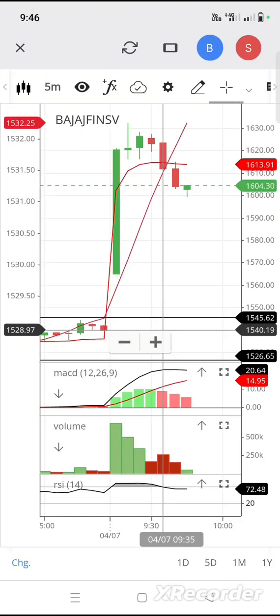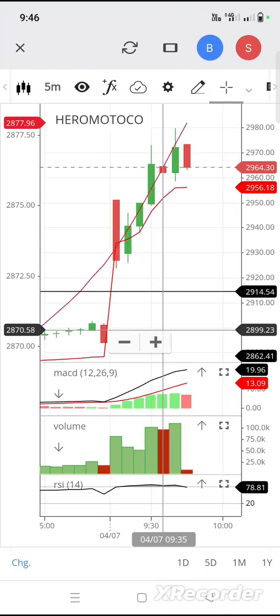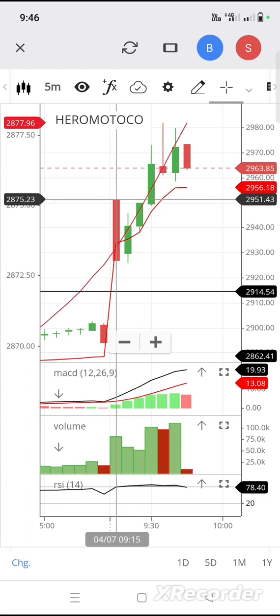So if you see, Bajaj FinServ is still at gap up and trading at 1604 rupees. So we'll see whether it comes to my levels. I'll update you. We'll check for other. So Hero MotoCorp has opened at 2951.